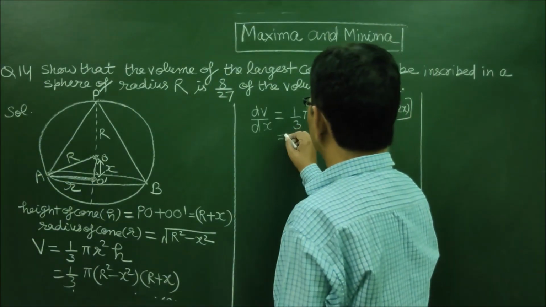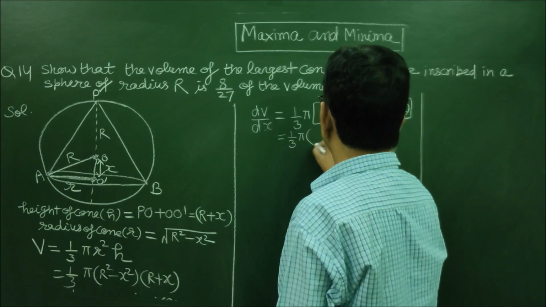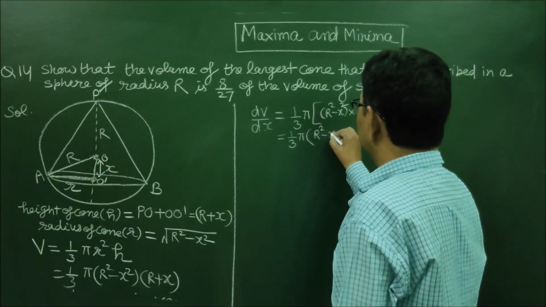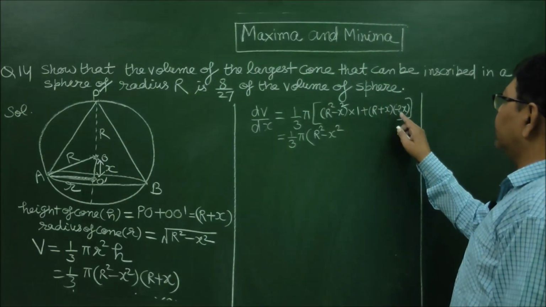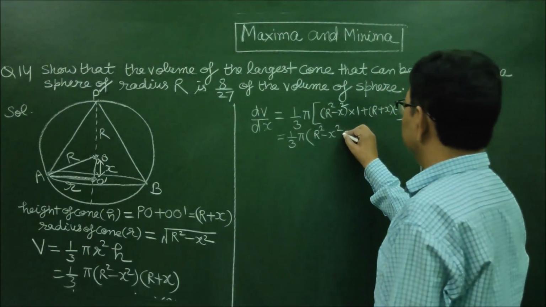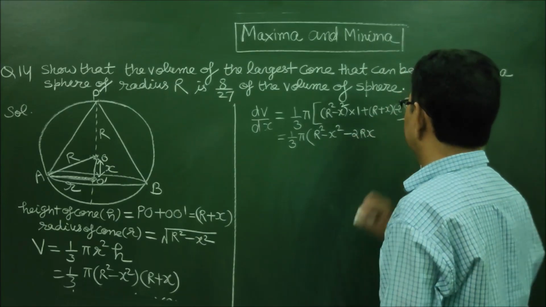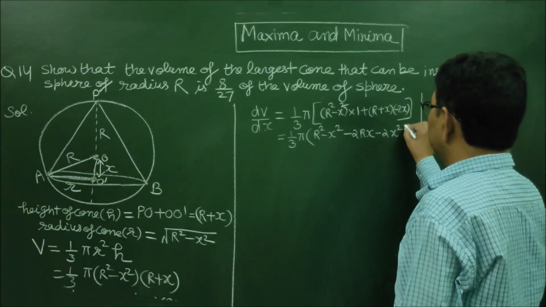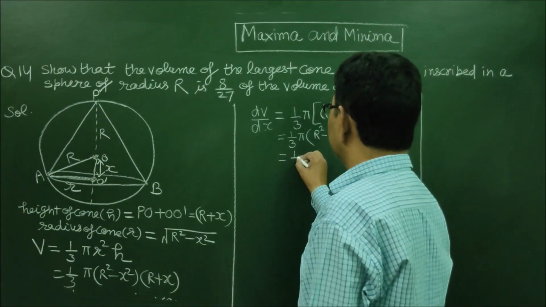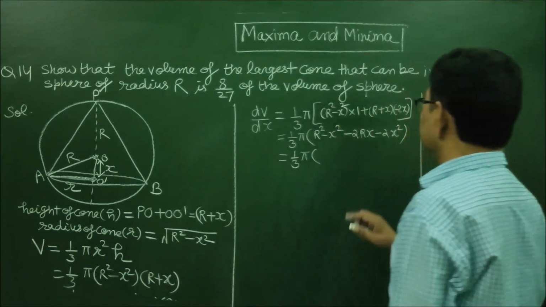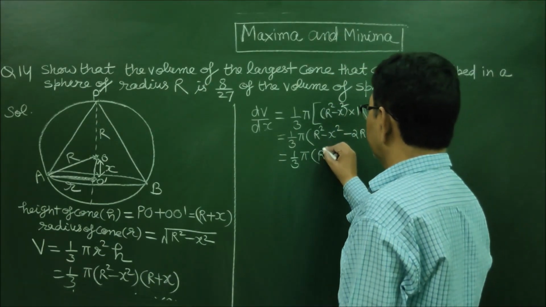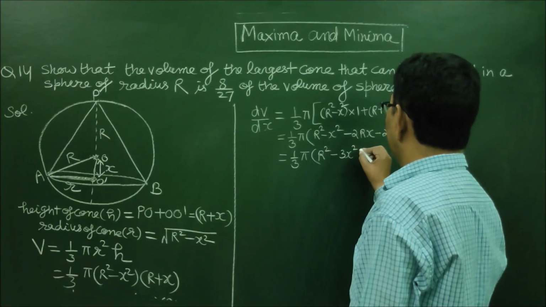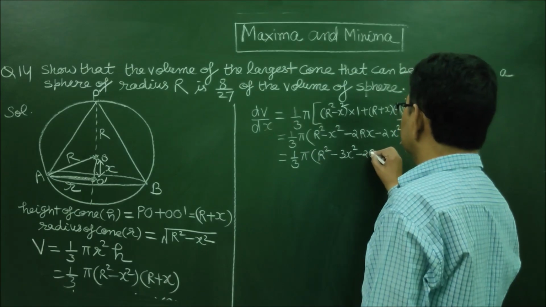Which is equal to 1 upon 3 pi r square minus x square, and here r minus 2rx and minus 2x square, which is equal to 1 upon 3 pi, r square, no r square here, so r square and minus 3x square and minus 2rx.